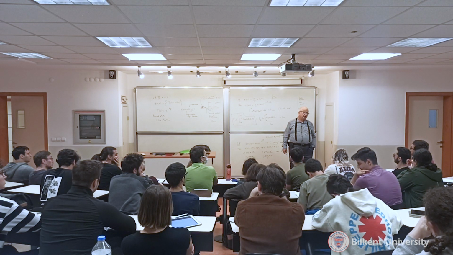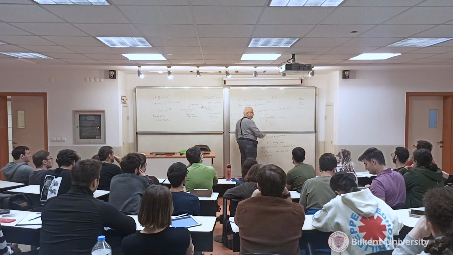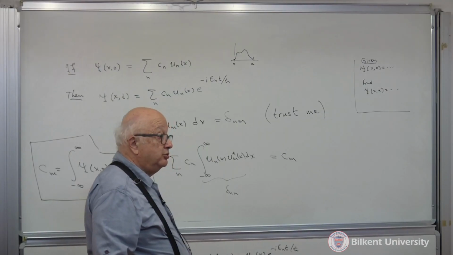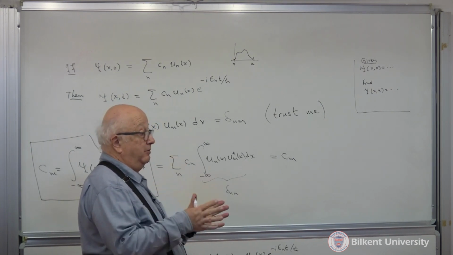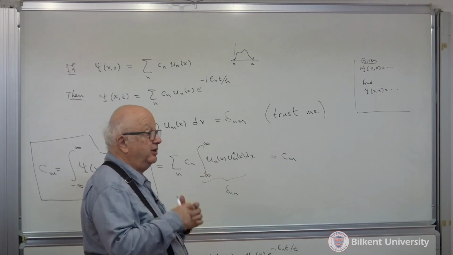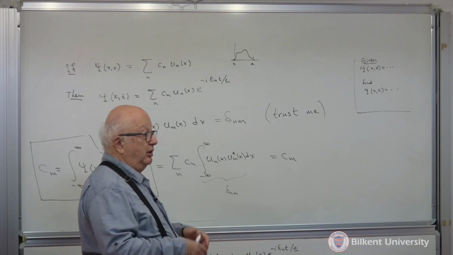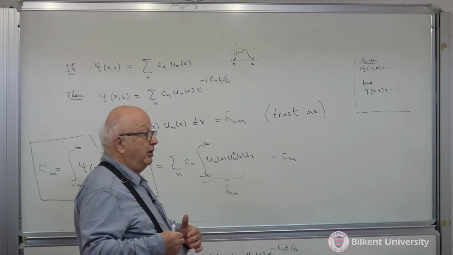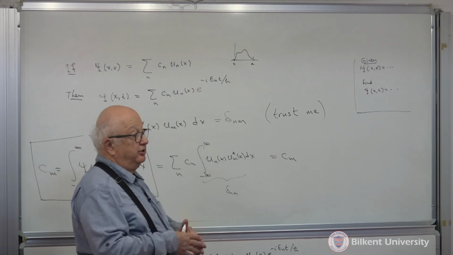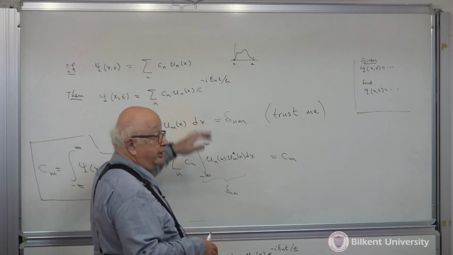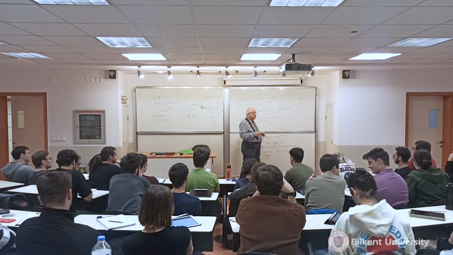If you have a different problem, then you have a different H and a different set of solutions. So you must be given a problem. The problem must be defined so that you have a Hamiltonian H, and you find the eigenfunctions, and then you are given an initial condition, and the initial condition is to be expanded in terms of those eigenfunctions. Now, if you change H, obviously it's a different problem.